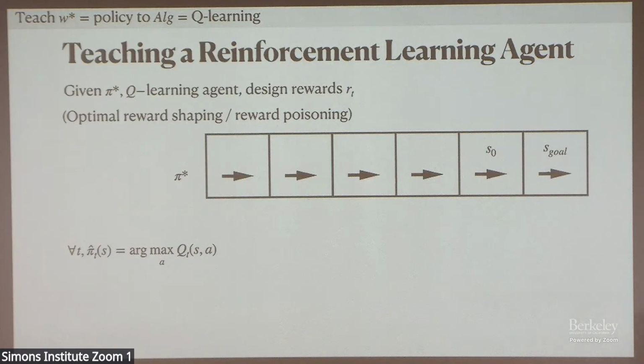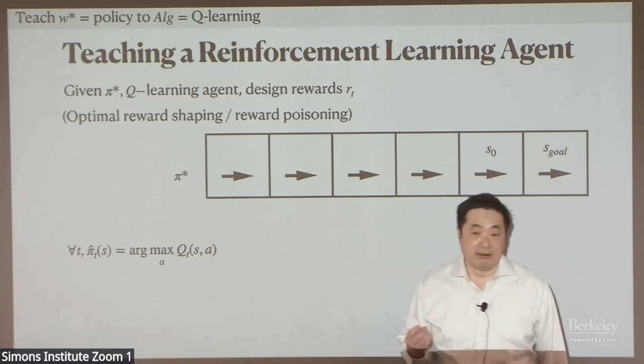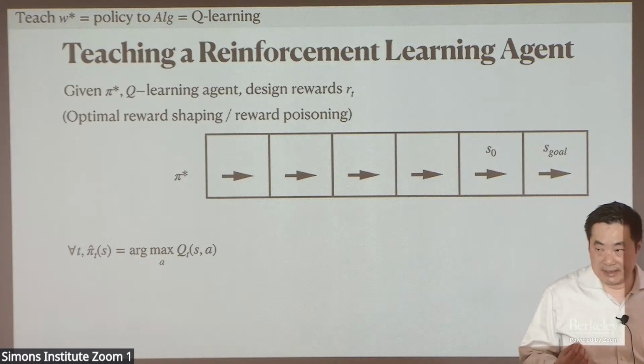I'm going to zip through some of the remaining slides in the interest of time. You can extend the same teaching story to more interesting learners, for example, reinforcement learning agents. And now the goal, though, is for the teacher to teach a particular policy pi star to that agent.